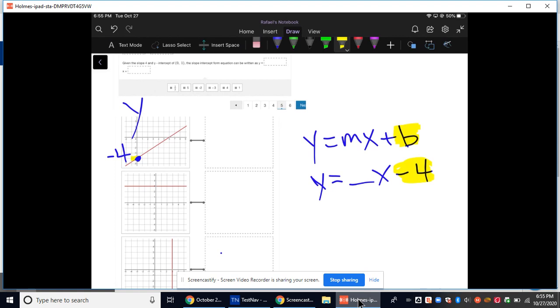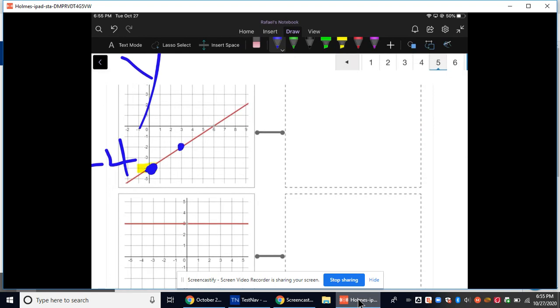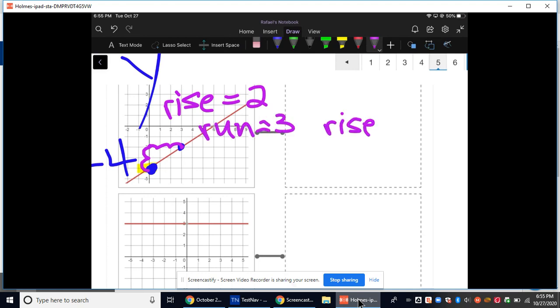Now to find the slope, the m, we got to pick another perfect point, and I'm going to zoom in. This one right here looks like a perfect point. So let's count our rise over run. We're going up 1, 2 times. So the rise equals +2. And then we're running to the right 1, 2, 3 times. Okay, run equals 3. So the rise over run equals 2 over 3.